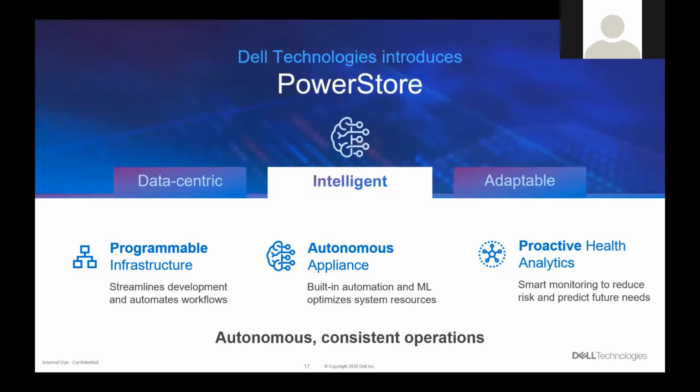So PowerStore will help you with some of this autonomy, with built-in machine learning to automate, discover and optimize system resources. The proactive analytics make sure that before you know it, the system is either fixing things or alerting support, so you can reduce your risk and predict future needs.